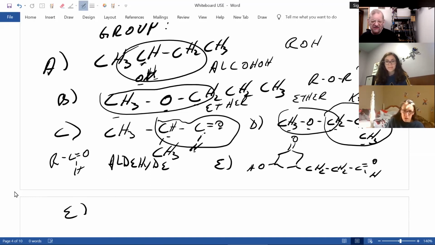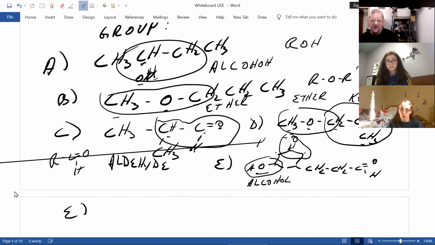Now, if we look here, hydroxyl group on a carbon, alcohol. Another oxygen to carbon, double bond to carbon, carbons here and here. And that's a ketone.